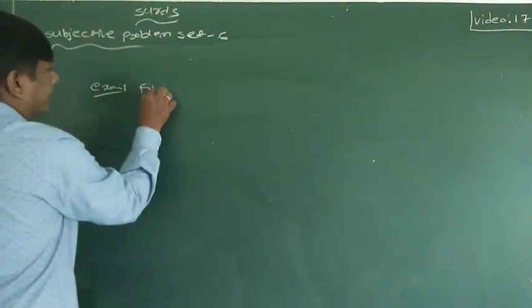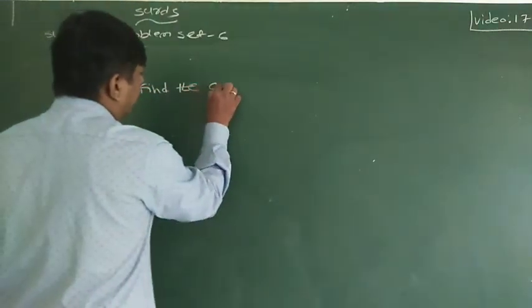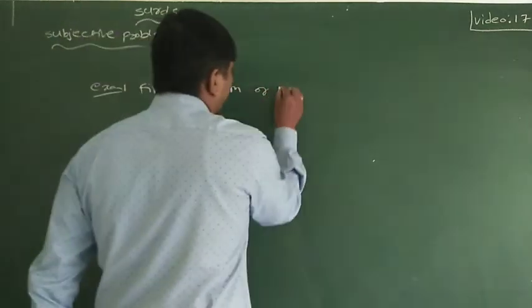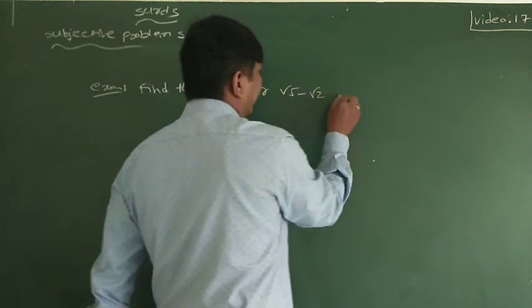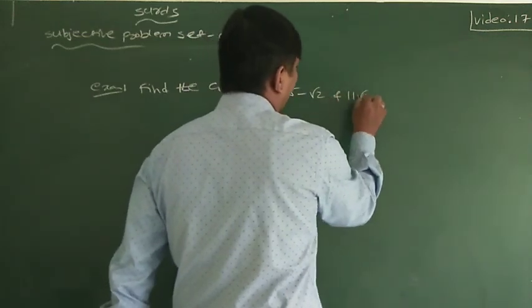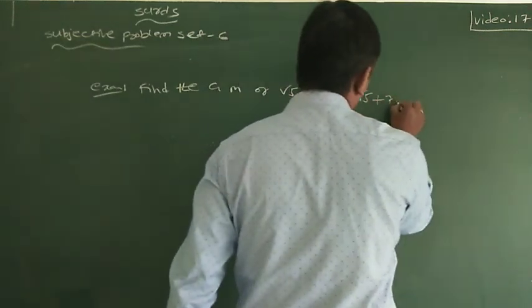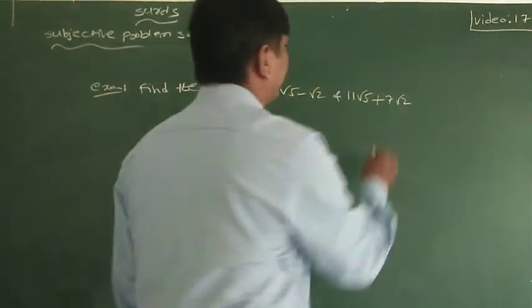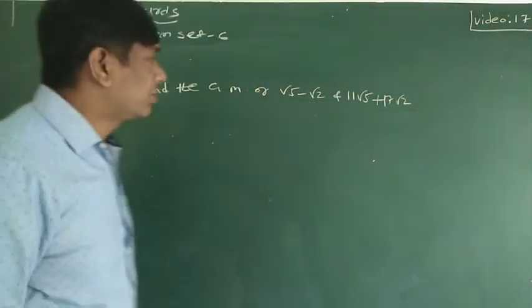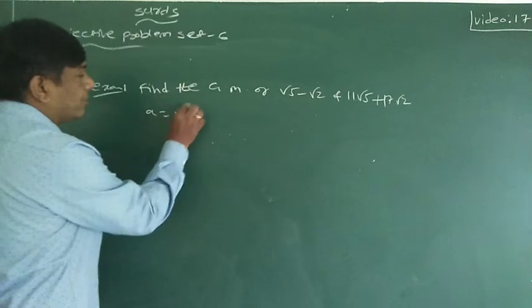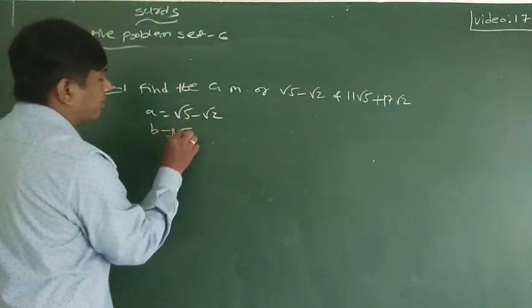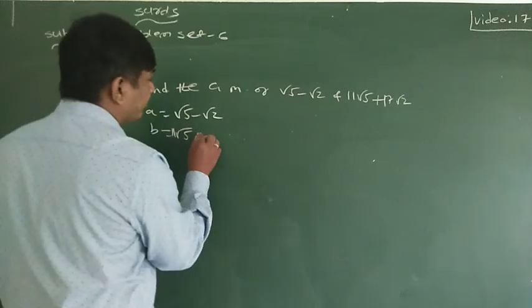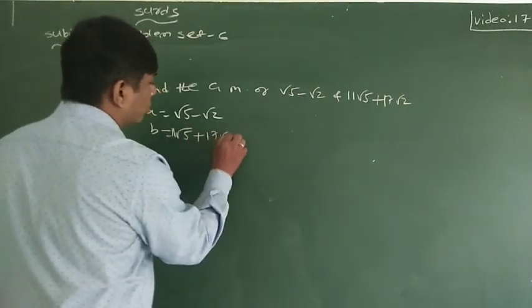Example: find the geometric mean of root 5 minus root 2 and 11 root 5 plus 17 root 2. How to find it here? A is equal to root 5 minus root 2. B is equal to 11 root 5 plus 17 root 2.